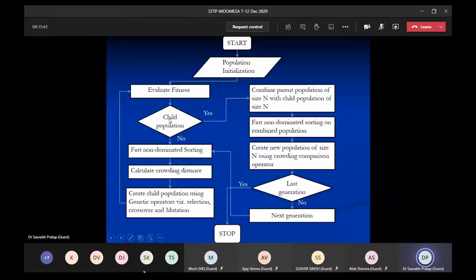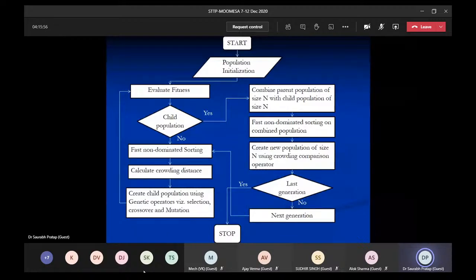At the time of the child population, if it is yes, then we combine the parent population of size n with the child population of size n. It means we have a 2n population.